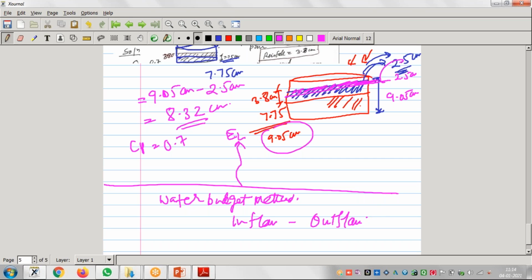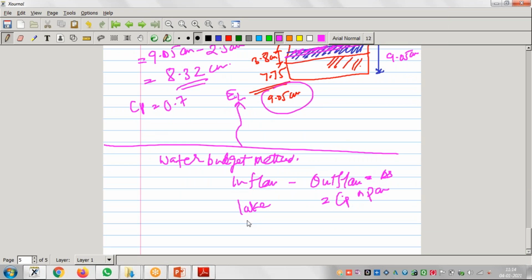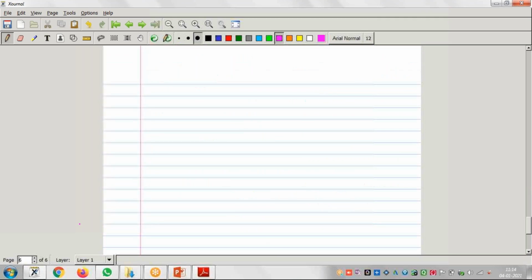So we will find the change in storage, and once we know the evaporation from the pan, we will multiply by the pan coefficient, then we will get the evaporation loss from the lake.